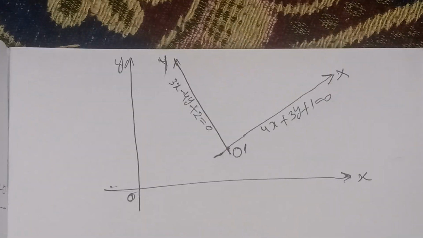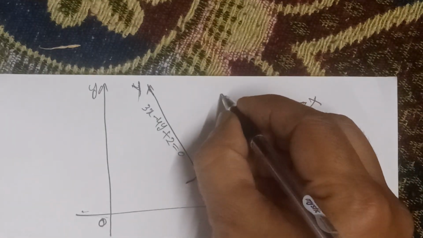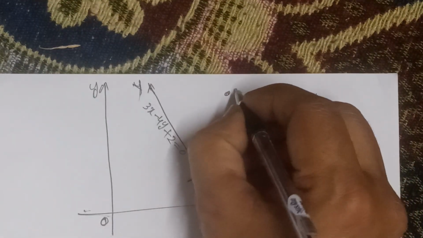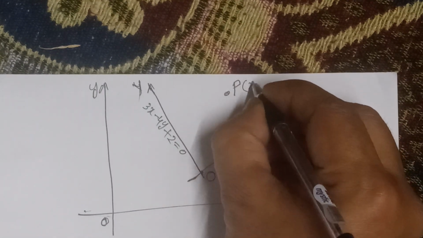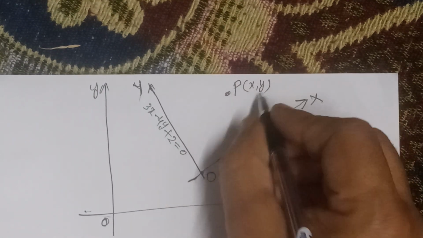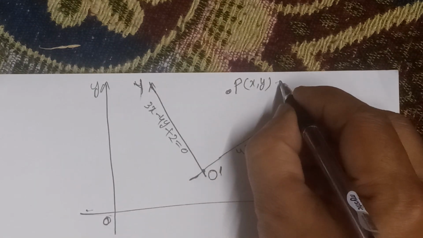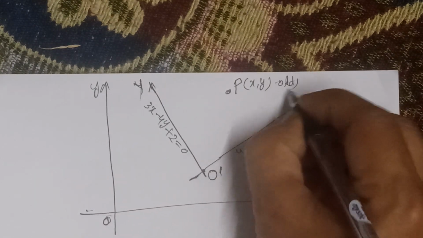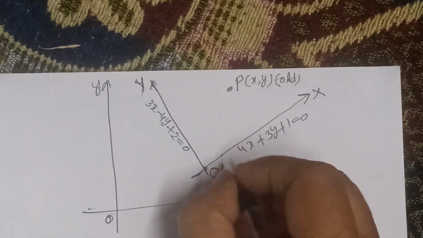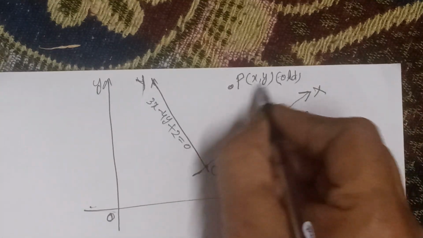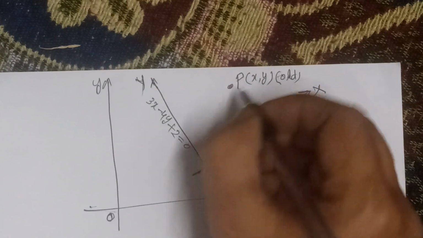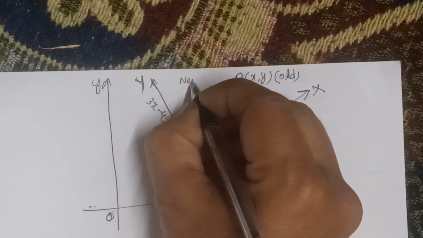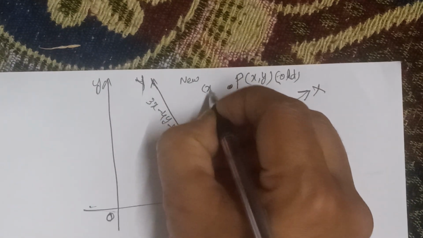So if any point P, general point in old coordinate system, its coordinate is x y. I write it as old, remember. And in new coordinate system, I write new coordinate also here.